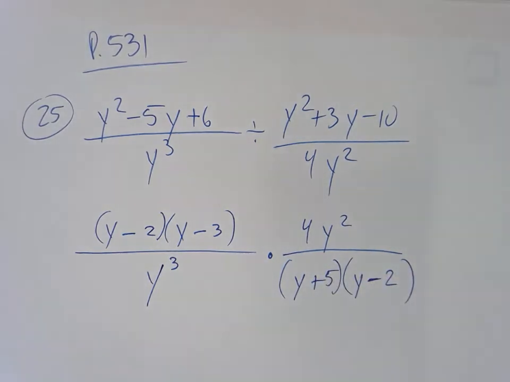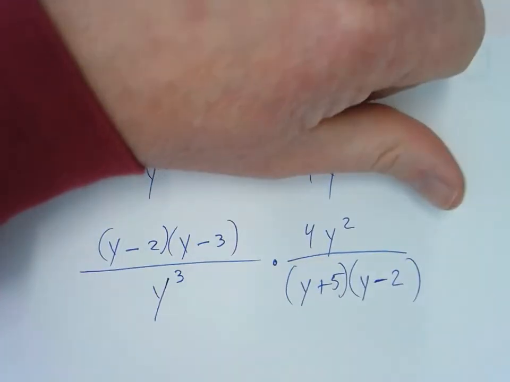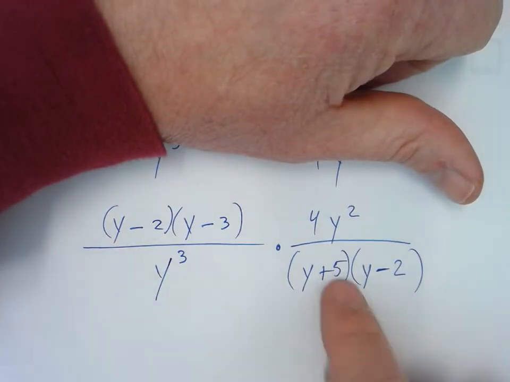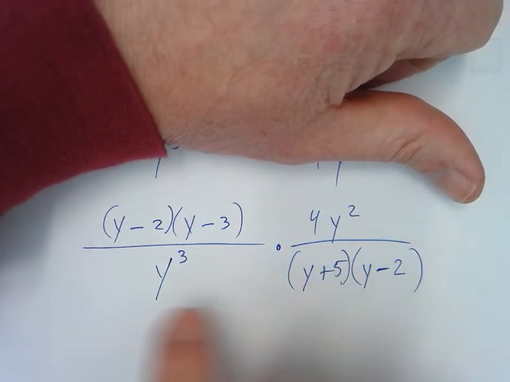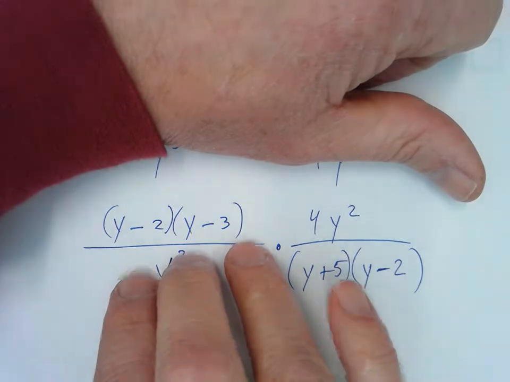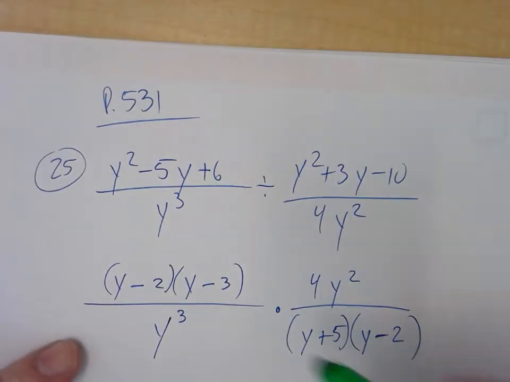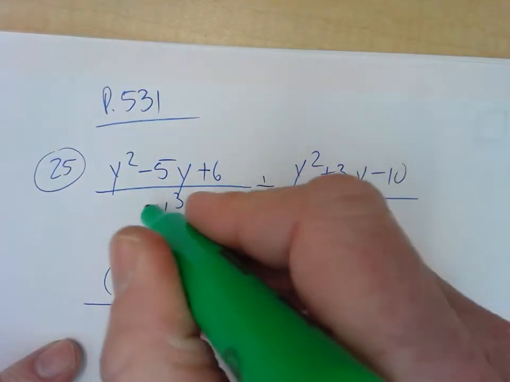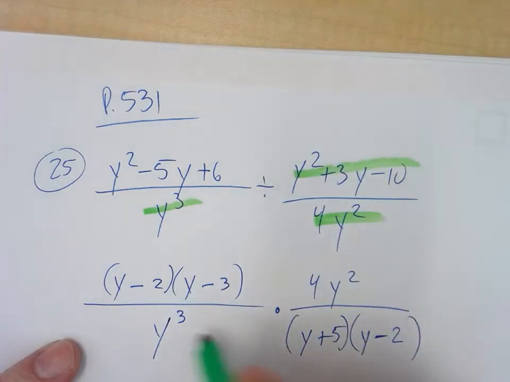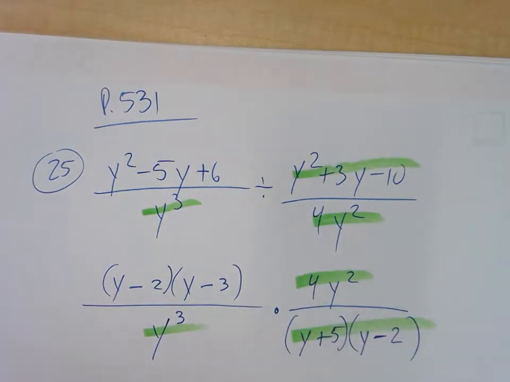Now again, if this was just a multiplication problem, I would say restrictions came from here and here, because they come from the two denominators. But here, because it's multiplication, denominator, numerator, denominator, those are the three places for restrictions.